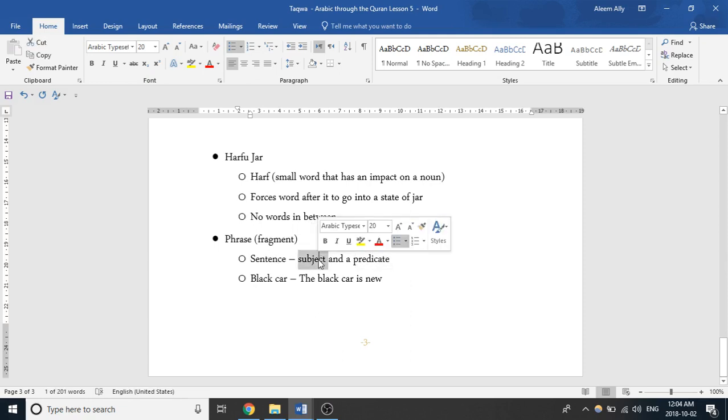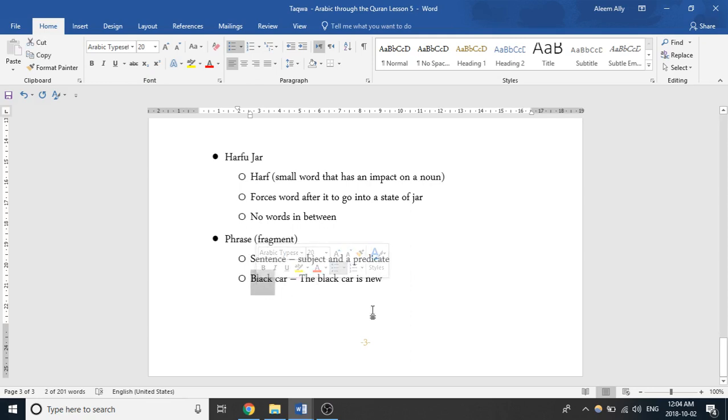We said the subject is what's being spoken about, and the predicate is the news about that subject. So if I say the black car is old, the black car would be your subject, and then is old would be the news about it. So a fragment or a phrase, an incomplete sentence, would be just something like black car.